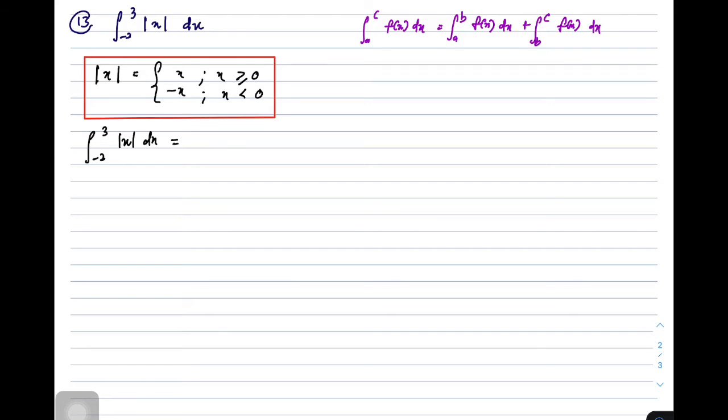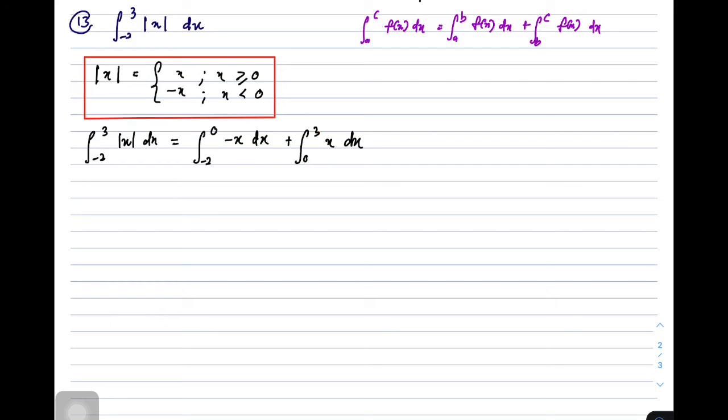So what we have to do first, substitute here negative 2 until 0, substituting modulus of x with negative x because our limit is from negative 2 until 0, so it satisfies this one. Next is negative x dx plus 0 until 3 of x dx.